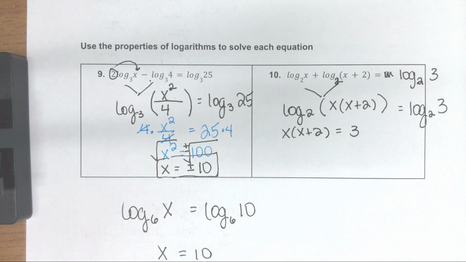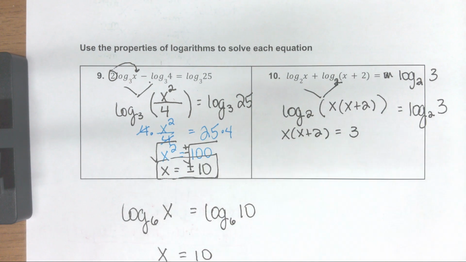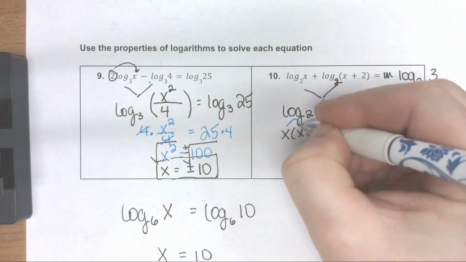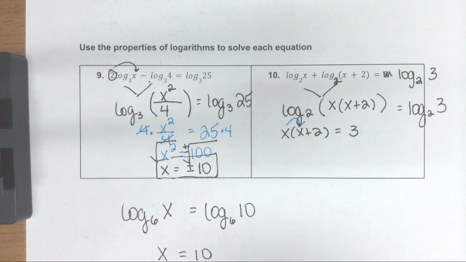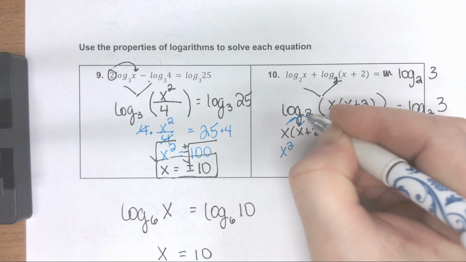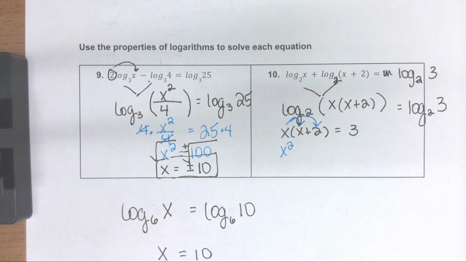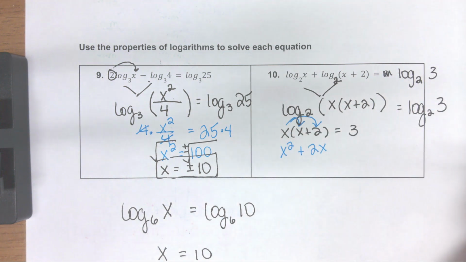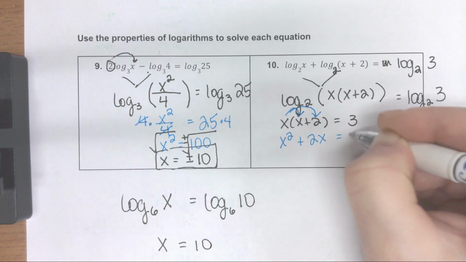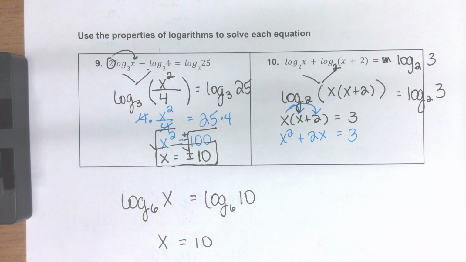So I need to distribute first. When I distribute, what do we have here? X squared plus 2x equals 3. Uh-oh. You can't just take the square root of this guy.